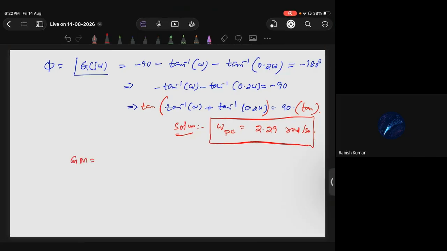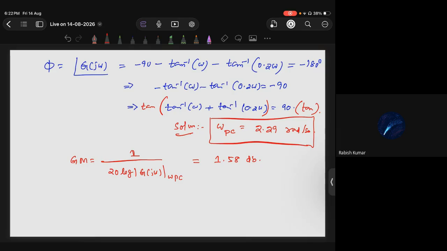The gain margin is 1 by, or 20 log of mod Z of j omega at omega PC. If you substitute and do the calculations, you'll get the value of 1.58 dB. That is the gain margin.